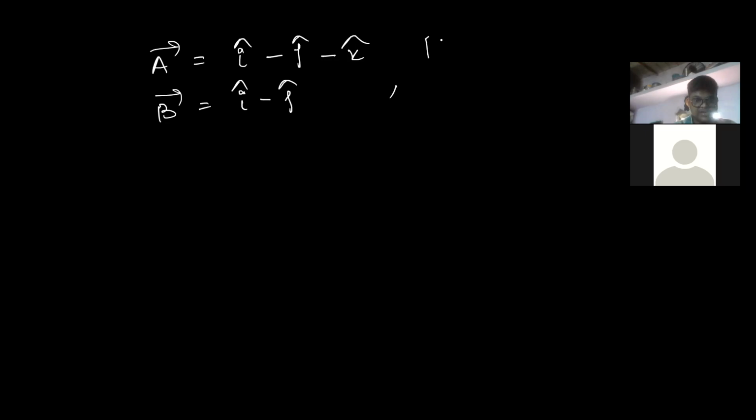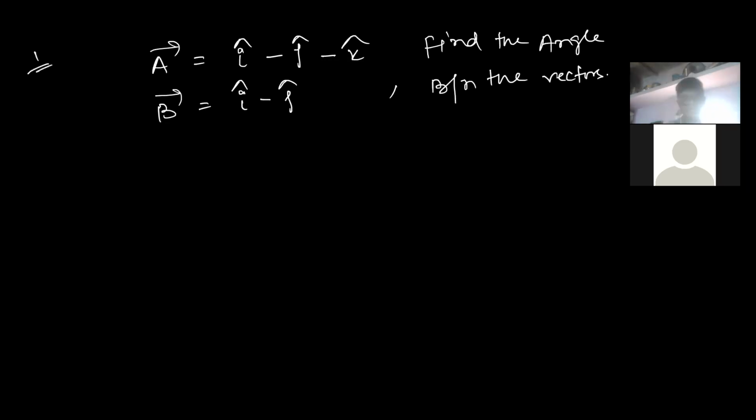So here the question is: find the angle between the vectors. At first write down the question, then I will tell you how to solve this. This is a third type of problem that may arise for this dot product.